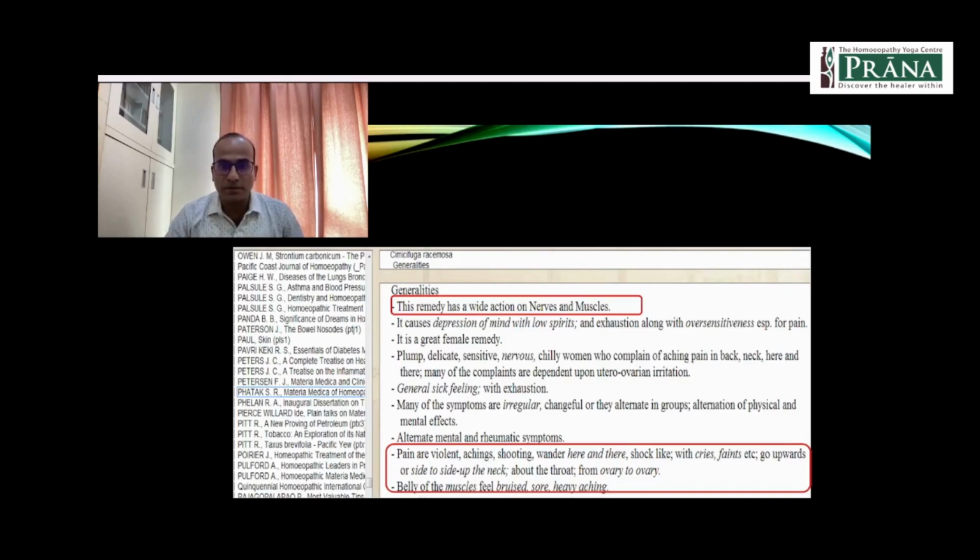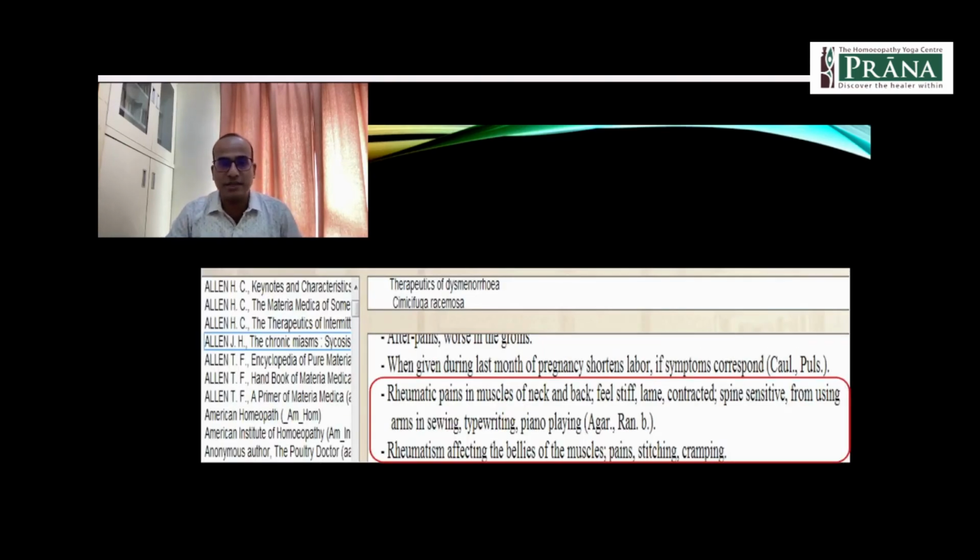And the belly of the muscles feels bruised, sore, heavy and aching. So you can see the belly of the muscles is affected in Cimicifuga, and we know Cimicifuga is a famous remedy for muscle rheumatism. If we read further, J.H. Allen says in his book that it is rheumatic pains in the muscles of the neck and back, which become stiff, lame, constricted.